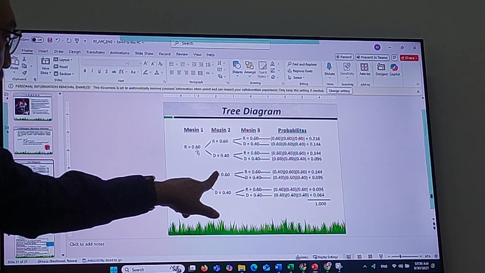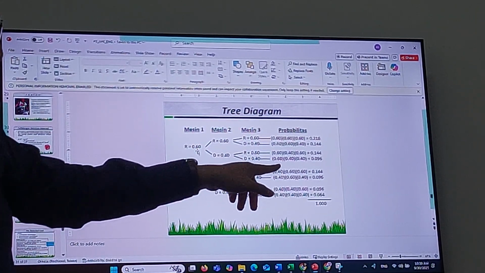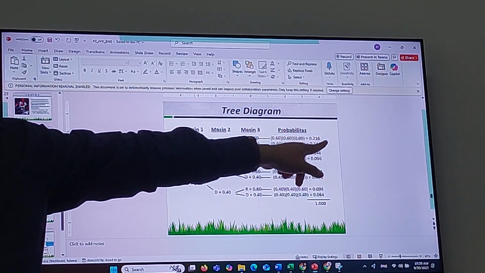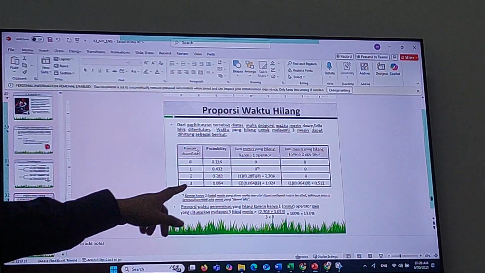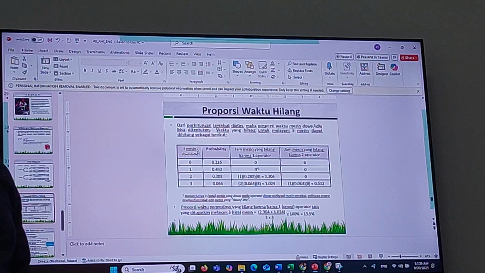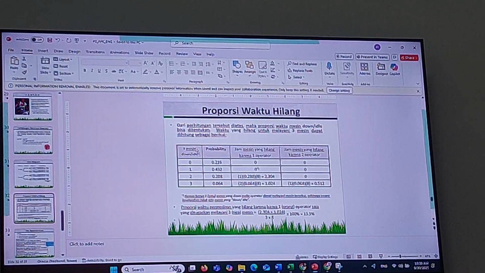Down, running, running? So 3 multiplied by 0.144, and the total is 0.432. Understand? Any question? Okay, we can continue.